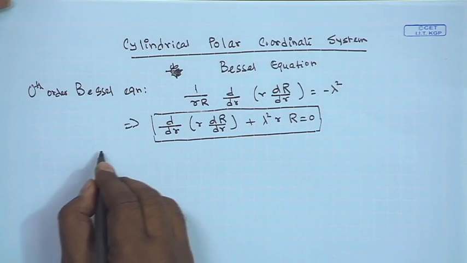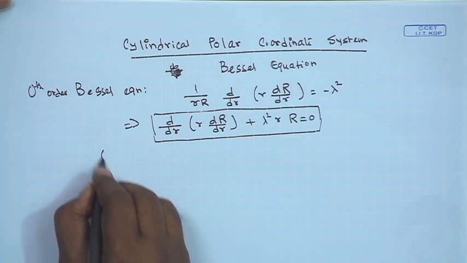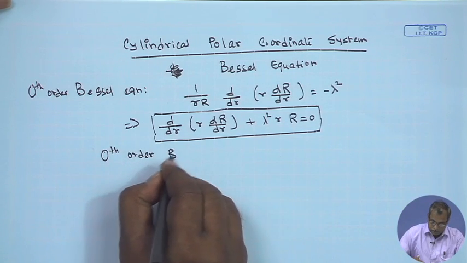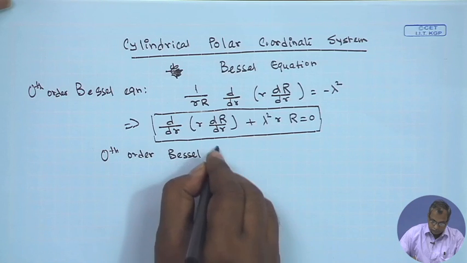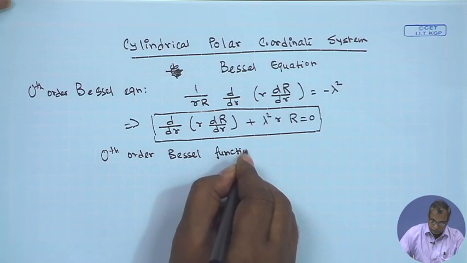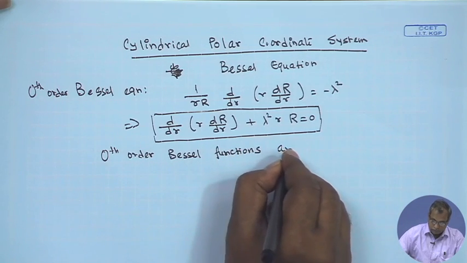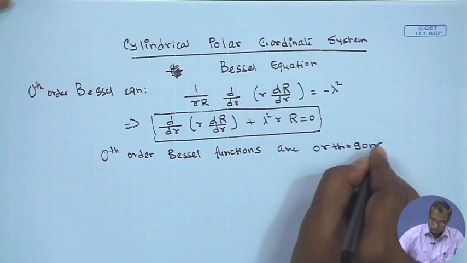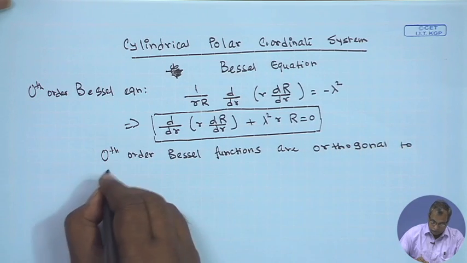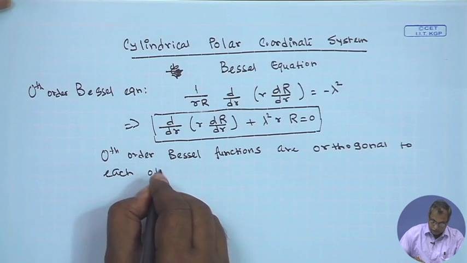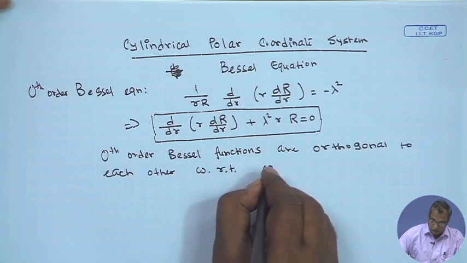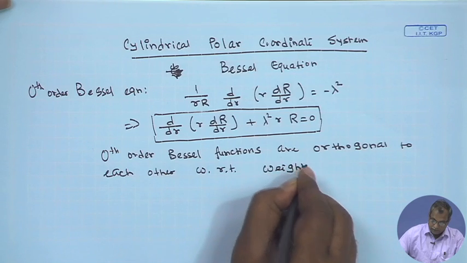So, in this class we will just prove at the very beginning that 0th order Bessel functions are orthogonal to each other with respect to weight function r.